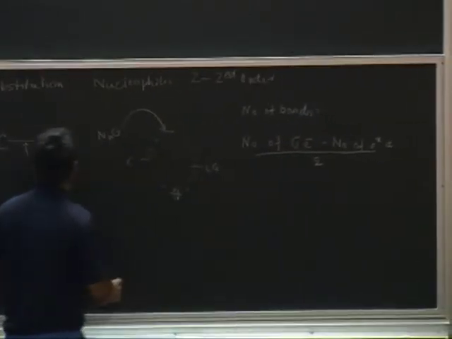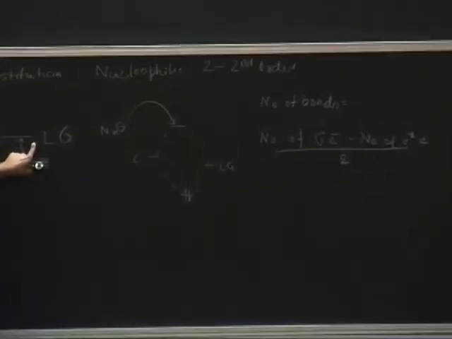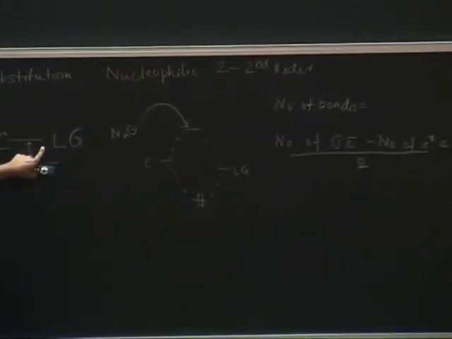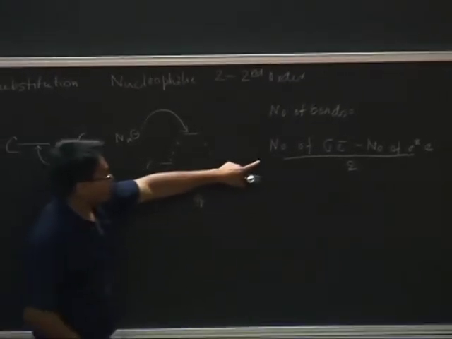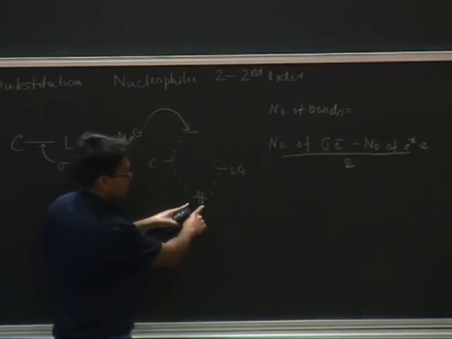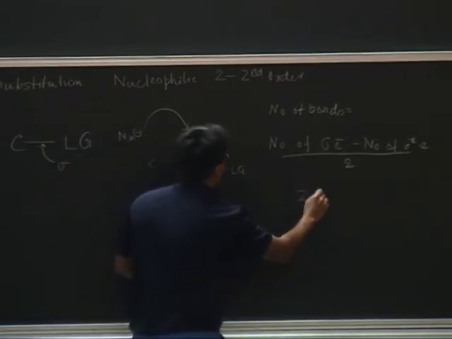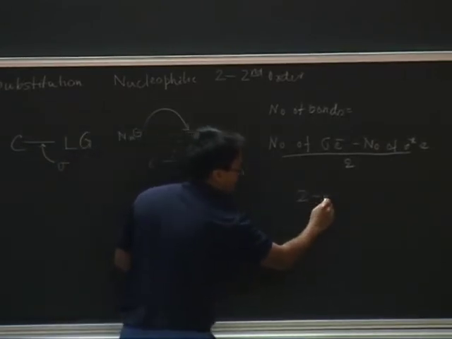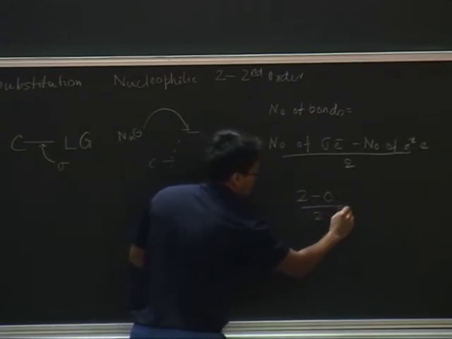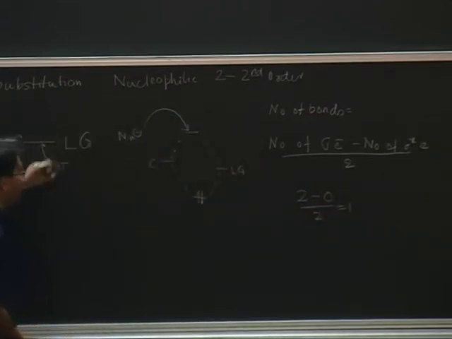Between the carbon and the leaving group, there is one bond, right? The other way of finding out the number of bonds is by doing this math. Number of electrons in the sigma, which is 2, minus the number in the sigma star, which is 0, divided by 2 is 1. And that's the same answer as that.